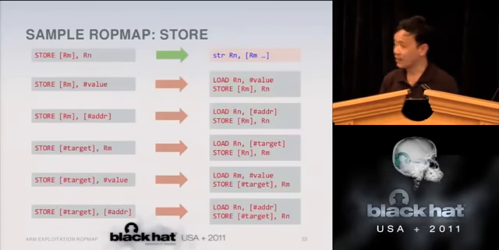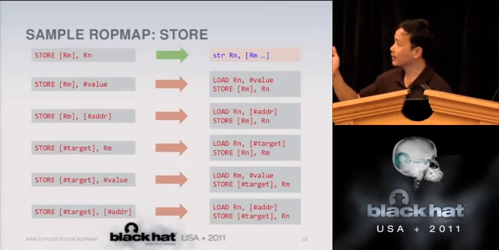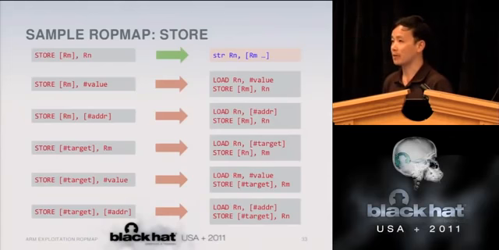For example, for the store instruction, there is just one ROP map, to store a register to memory referenced by a register.